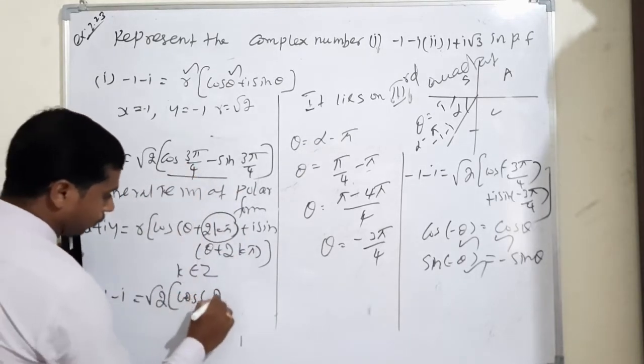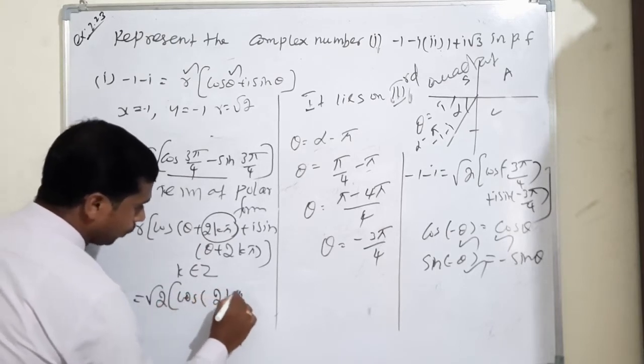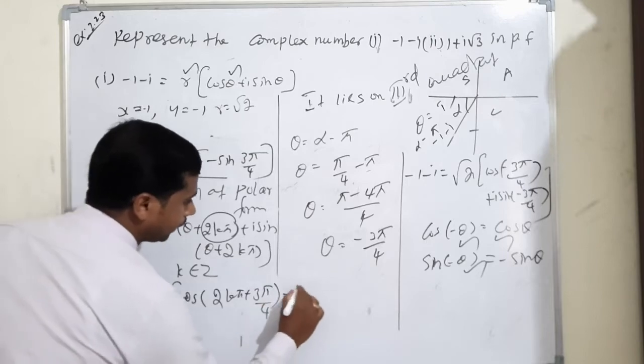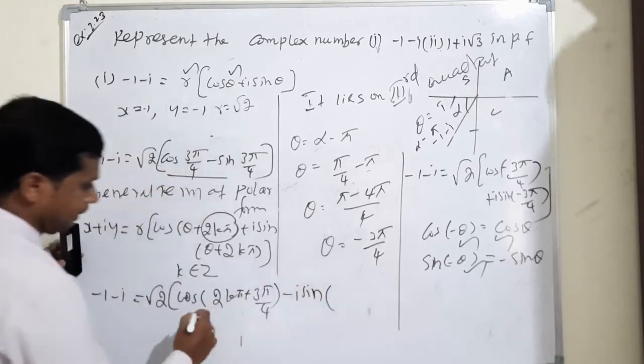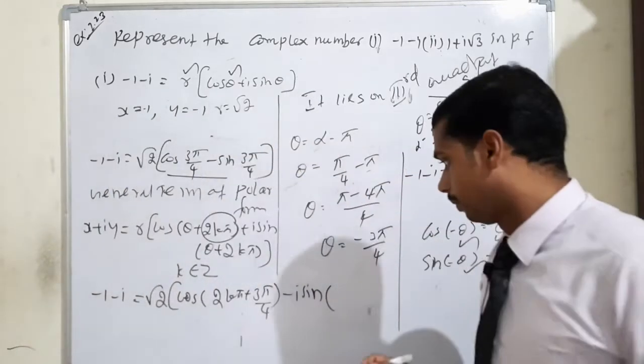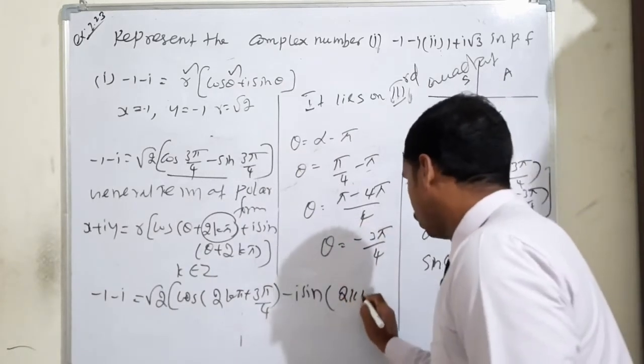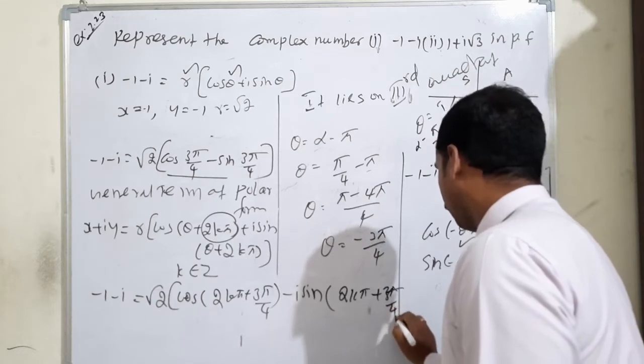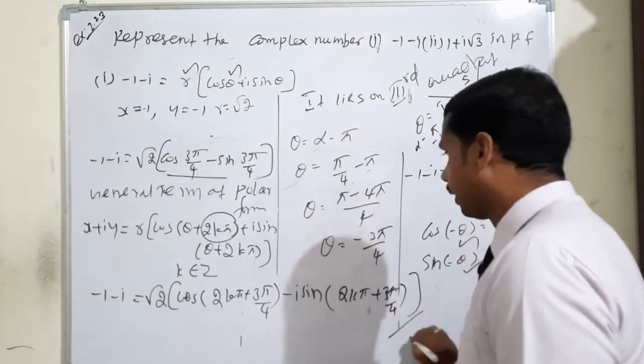Therefore, it is cos of 2k pi plus 3 pi by 4, then minus i sin of 2k pi plus 3 pi by 4. This is the general term of polar form.